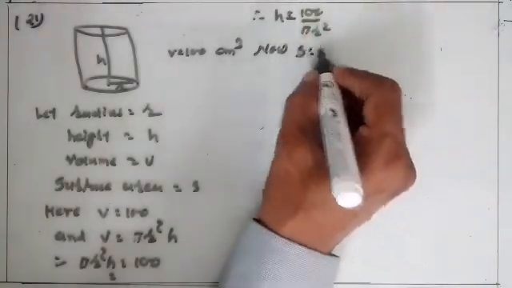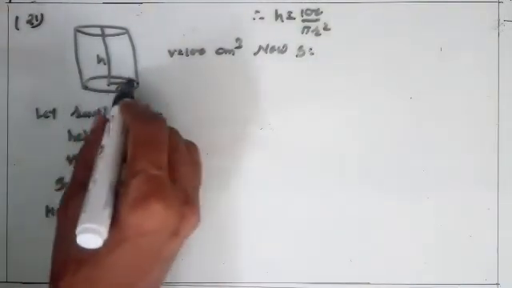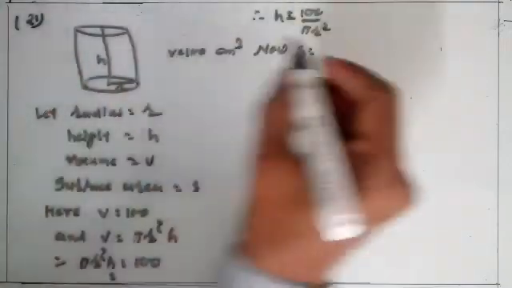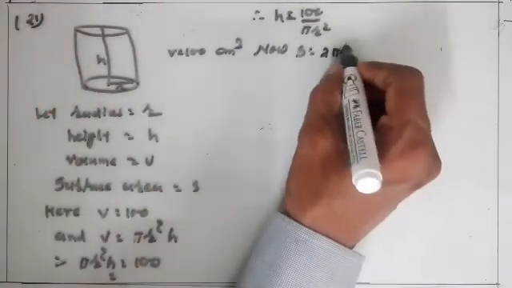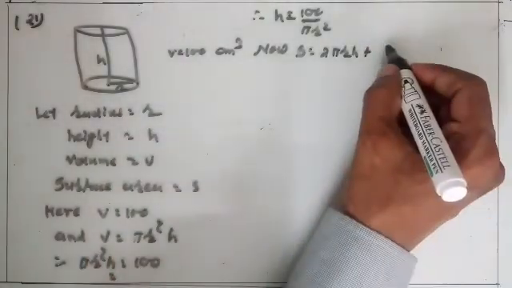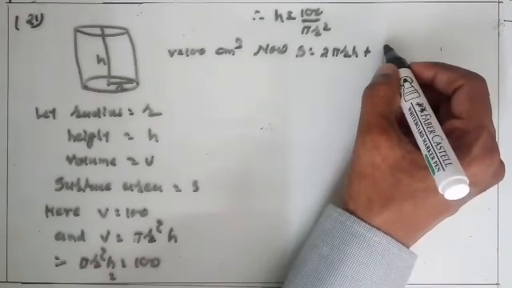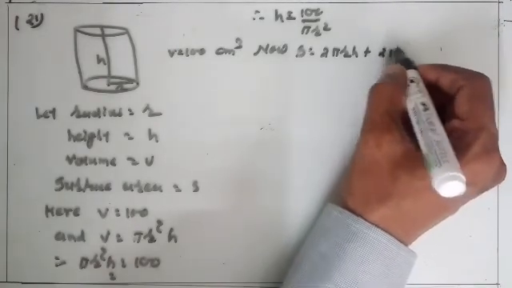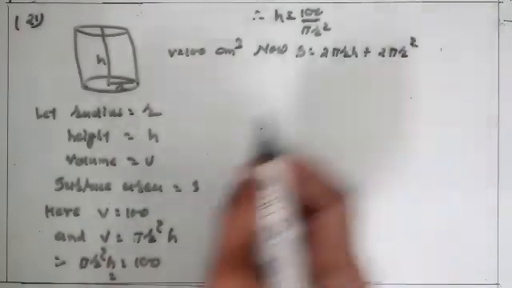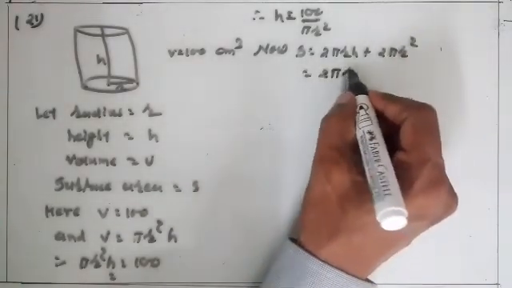Now surface area S is equal to, we know that, 2 pi r into h plus area of the two circular portions, top and bottom circle, 2 pi r square. Now change into r form.